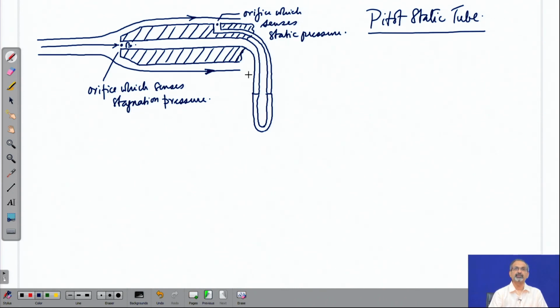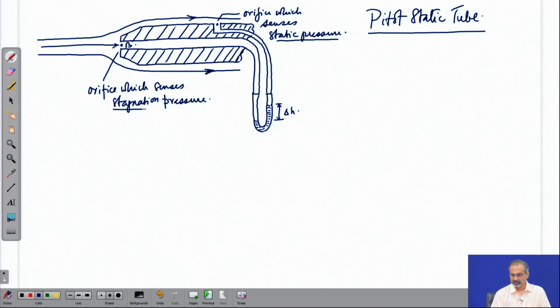The higher pressure happens to be the stagnation pressure, which is measured by the orifice which is at the tip of the pitot-static tube, and thereby the manometric fluid will be lower on that limb of the manometer. Again, of course, you can do the delta H based calculations in order to link the two pressures.